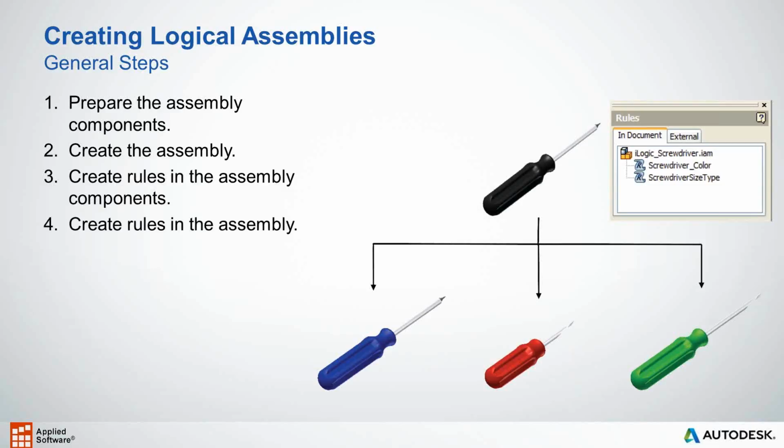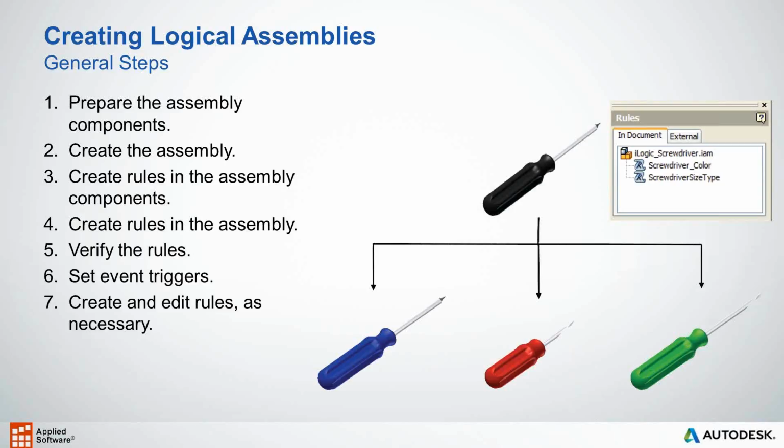And then at the top level of your assembly, we want to create any necessary rules. And then, of course, verifying the rules, setting event triggers like we did previously, and editing any rules or creating any additional rules as necessary.